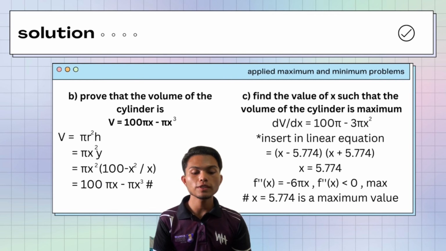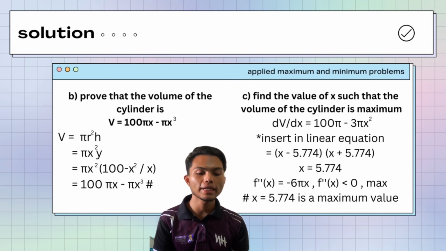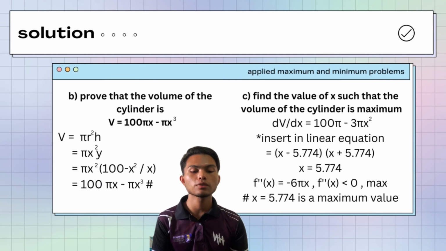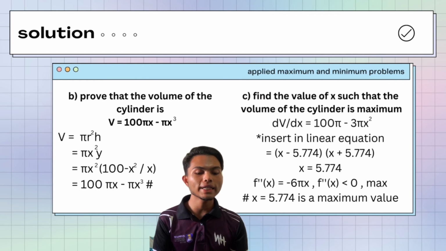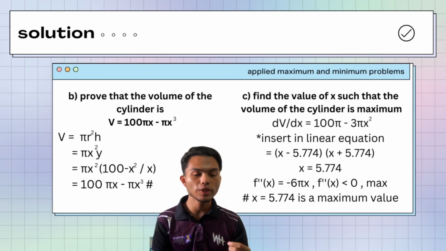To solve question C, we take the derivative, which gives dV over dx equals 100 pi minus 3 pi x squared. Setting it to zero, we get x equals minus 5.77 and x equals positive 5.77. In this situation, we need x as a positive value.